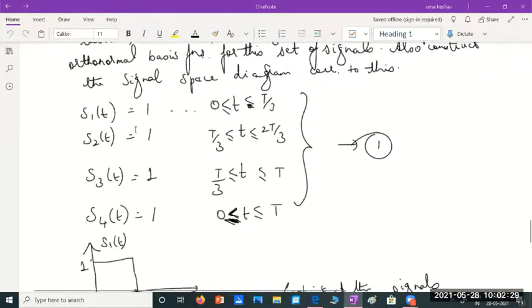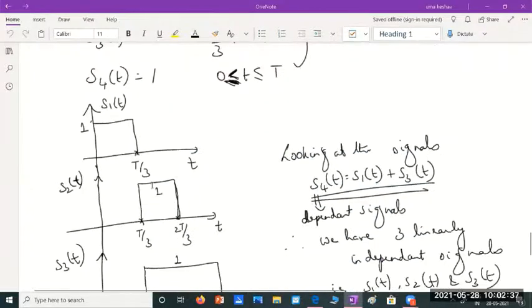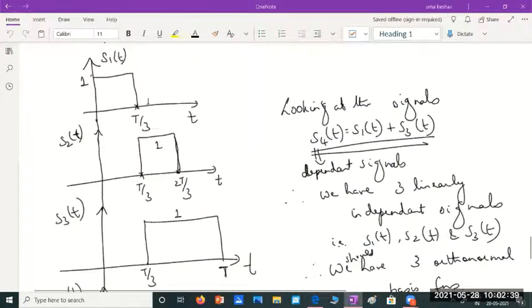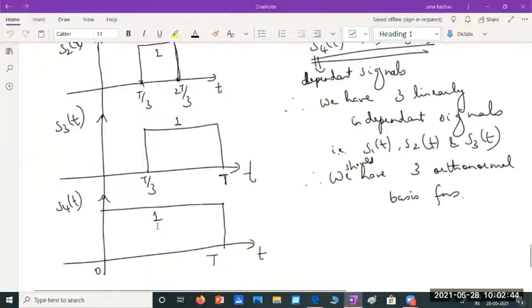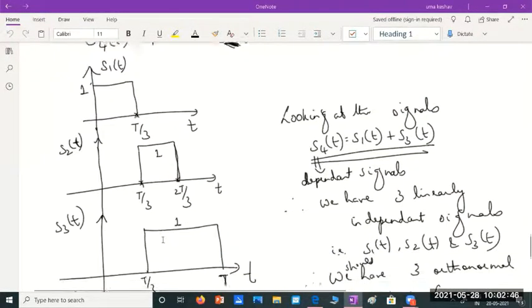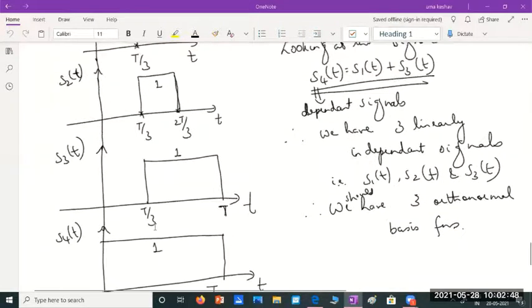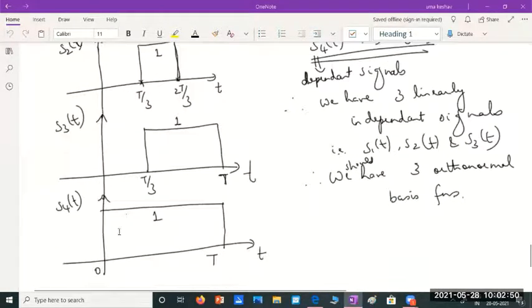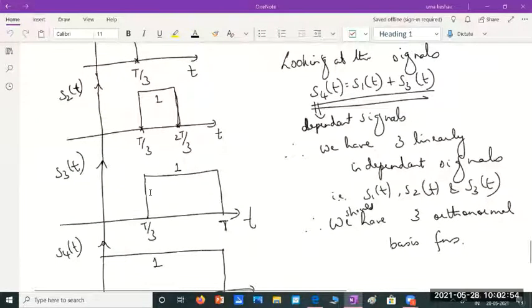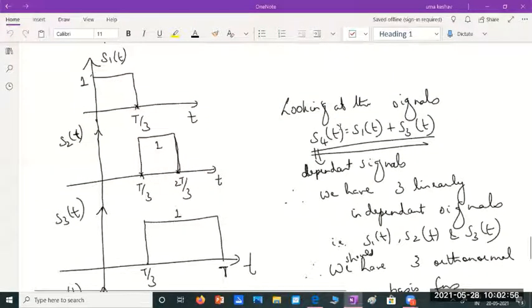So they have defined 4 different signals in various time intervals, S1, S2, S3, S4. We have plotted those 4 signals. It looks like this. Looking at these 4 signals after we plot, we were easily able to make out that S4 of t can be formed by adding S3 of t with S1 of t.